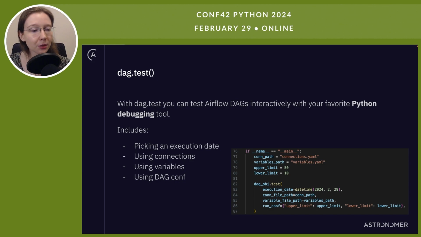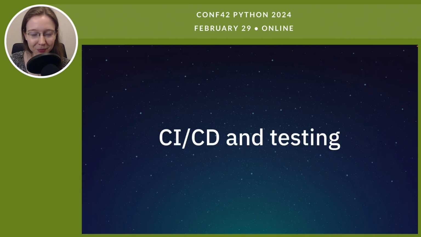You can also use different connections. You can store them in a YAML file and just inject them. So you could test your DAG against a new database, for example, or a new schema. You can use different variables, and you can also inject the DAG configuration. I will show you that in the demo as well.